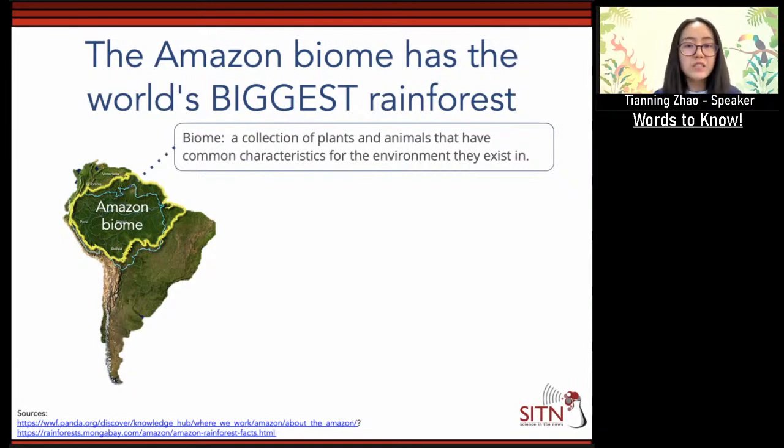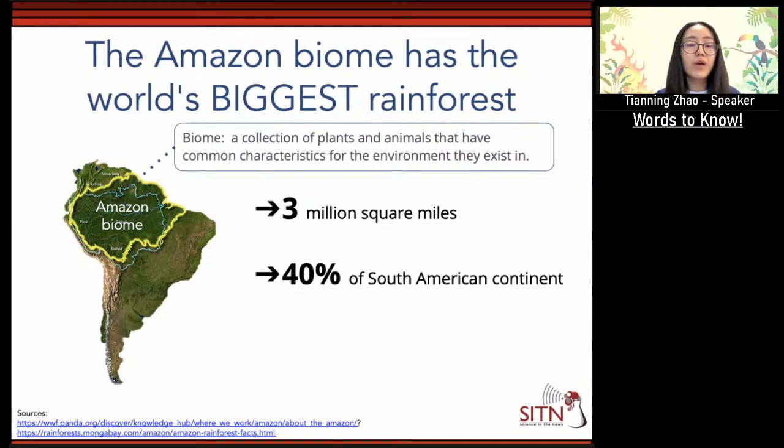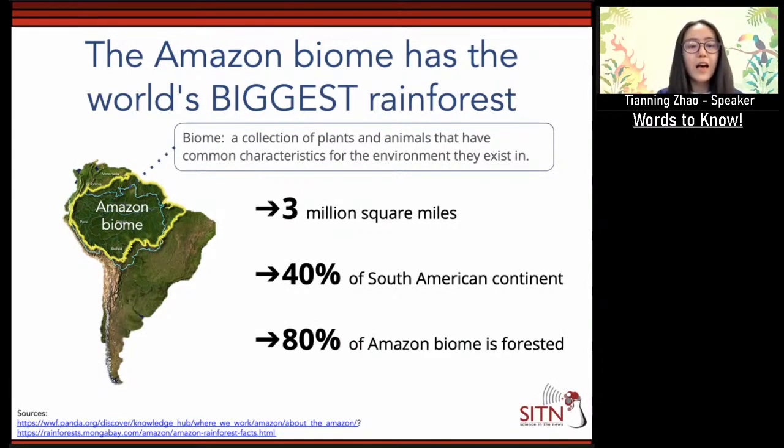And this vast region spans across 3 million square miles, covering about 40% of the South American continent. So it's really a big area. And of those area, about 80% of the Amazon biome is covered by rainforest. So no wonder it has the biggest rainforest in the world.